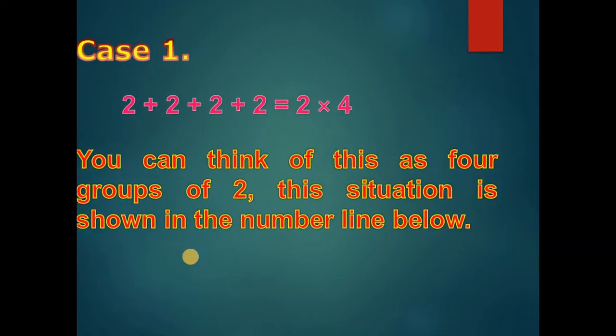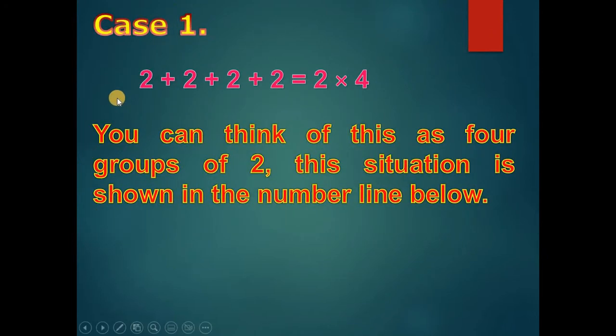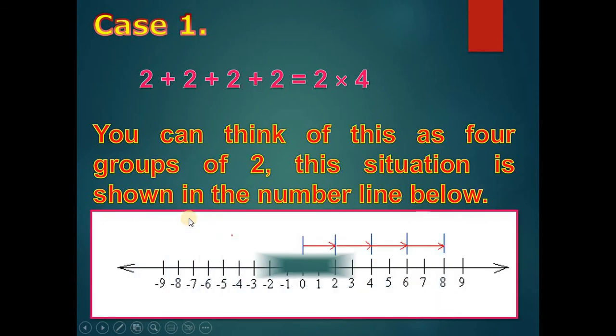Okay. So we have here case 1. So ang multiplication kasi is repeated addition. So kung mapapansin niyo dito, meron tayong 2 plus 2 plus 2 plus 2. Or in short, pwede naman natin gawin na 2 times 4, di ba? So you can think of this as 4 groups of 2. So this situation is shown in the number line below. Okay, so tignan natin dito sa number line.